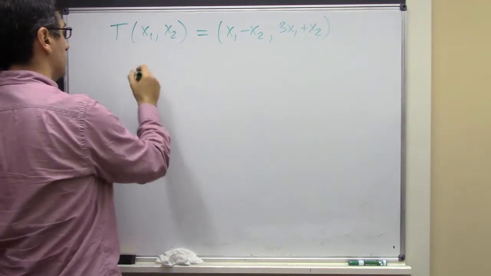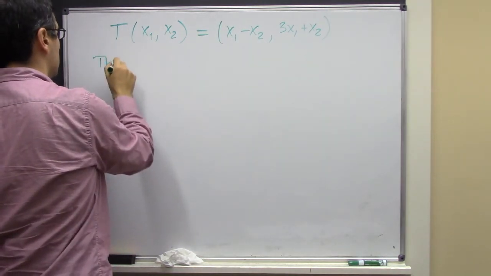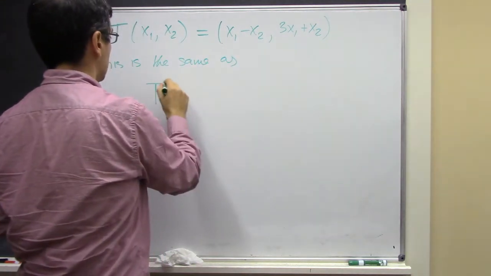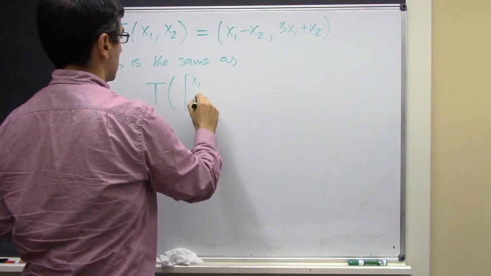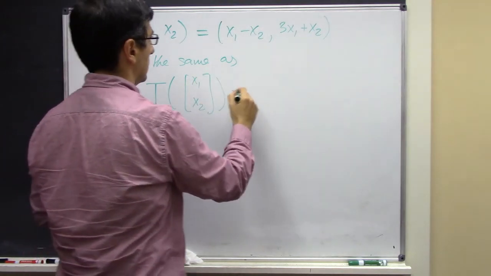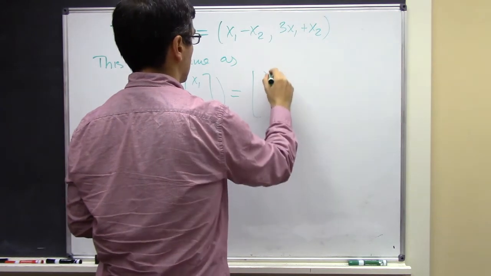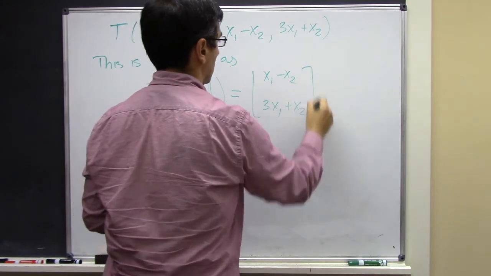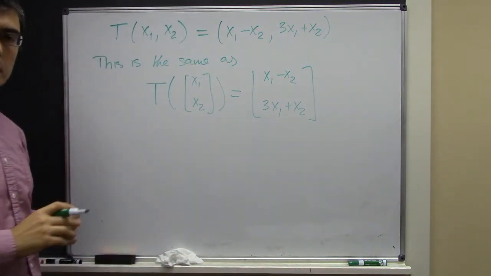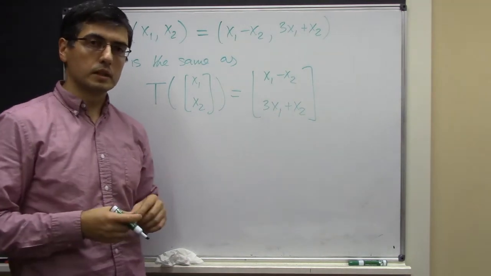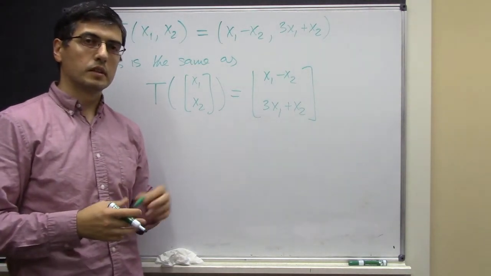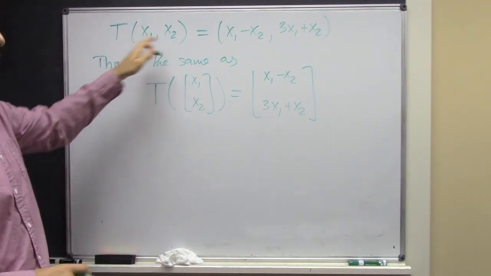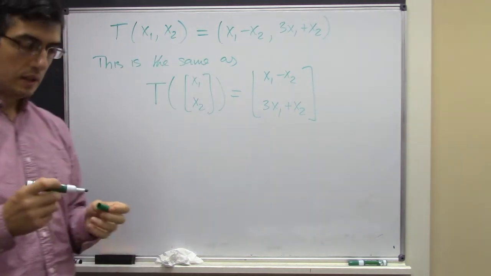This is the same as T of the vector (x1, x2) being the vector (x1 minus x2, 3x1 plus x2). Okay, just a notational equivalence. It's not a different concept. You just denote linear transformations in different ways. You should be aware that sometimes it's written like this.